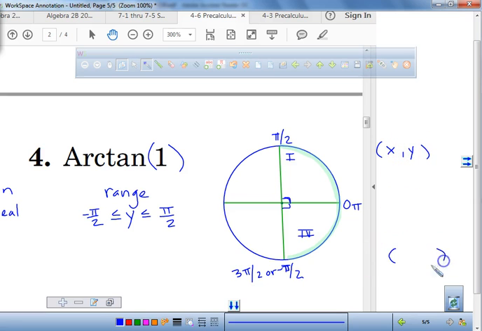However, over here, your x values are positive, but your y values are negative, okay? But what does the tangent of theta always compare? What values is it comparing? Y over x. So we need to be comparing values that are y over x.